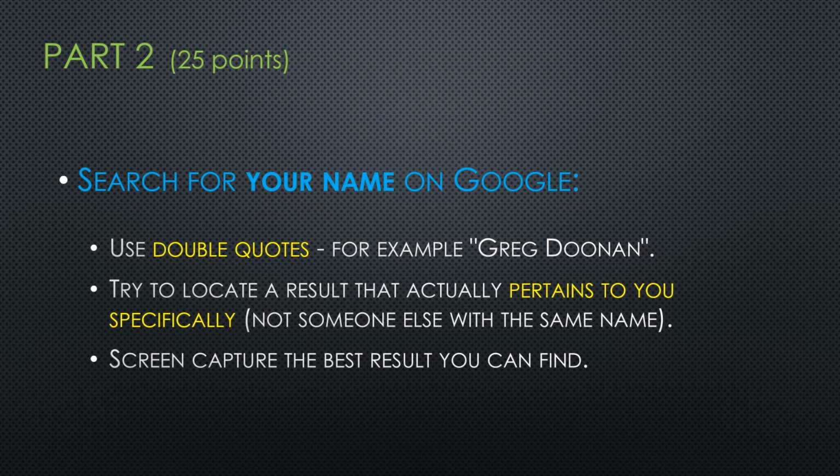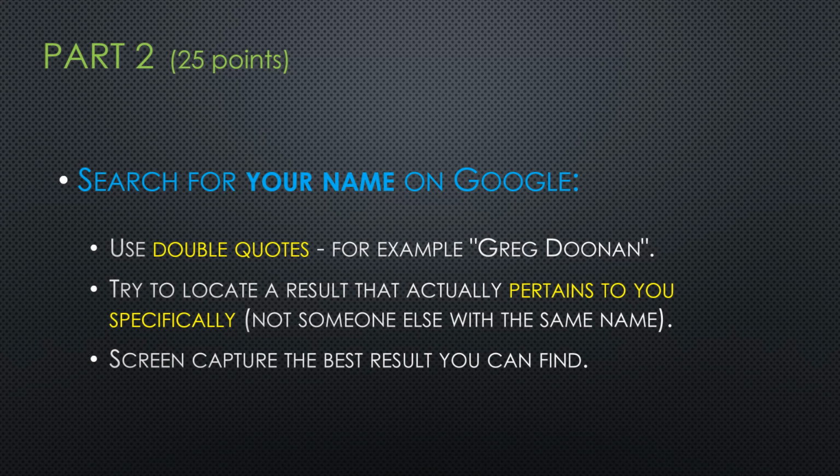Okay, for part two of this lab, worth 25 points, you will be searching for your name on Google, which is kind of an interesting search. A lot of it you expect to find, but we're going to go ahead and do that. When you do the search, be sure to put your name in double quotes just to be sure you get that specific string, and otherwise it will pick up results from both your first and last name.